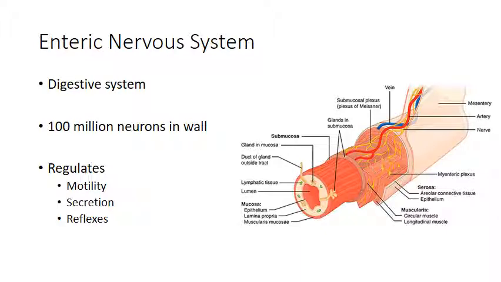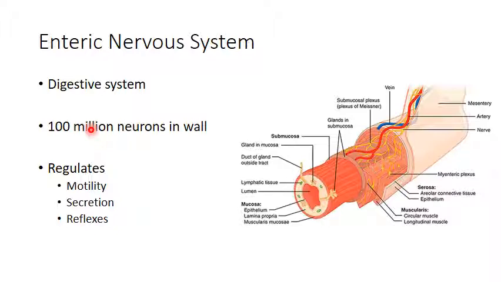Now I'm going to switch gears kind of entirely here into what's called the enteric nervous system. The enteric nervous system is part of the digestive system, and what's interesting here is the digestive system actually pretty much has its own nervous network. It does not arise from the central nervous system. So I'm going to say that again.